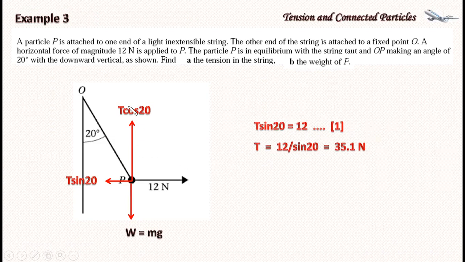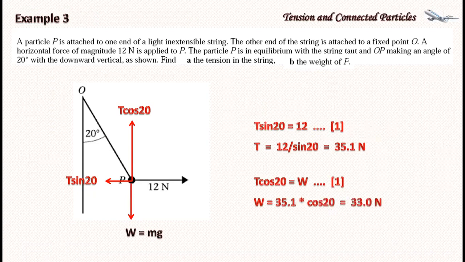For the vertical component, upward force equals downward force, so W equals T cos 20 degrees. We already have T as 35.1, so W equals 35.1 times cos 20, which gives us 33.0 newtons.